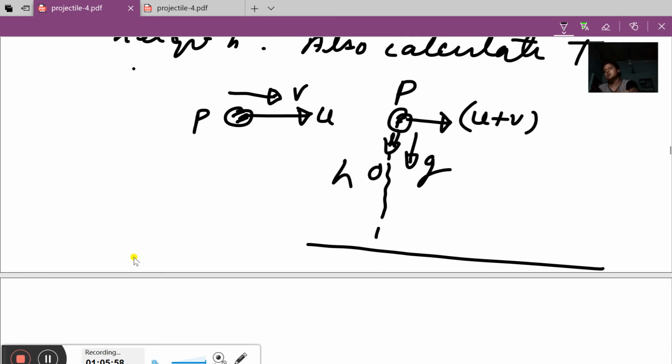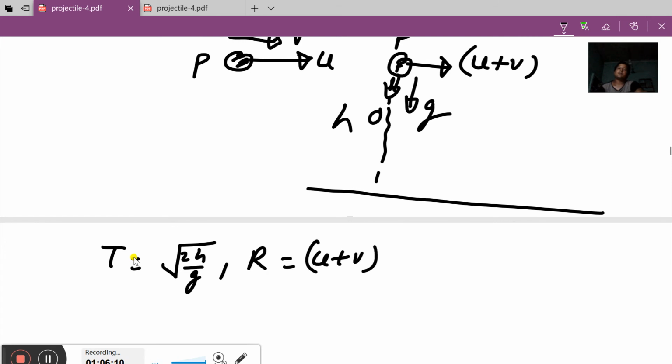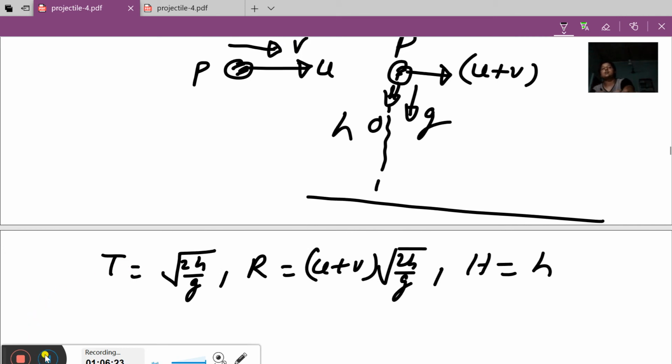So this is a case of horizontal projection. So time of flight is under root 2h over g. Range is u plus v multiplied by under root 2h over g, and greatest height is the given height.